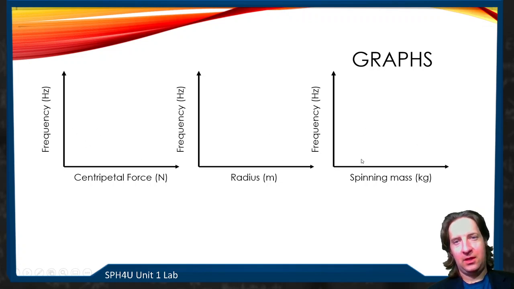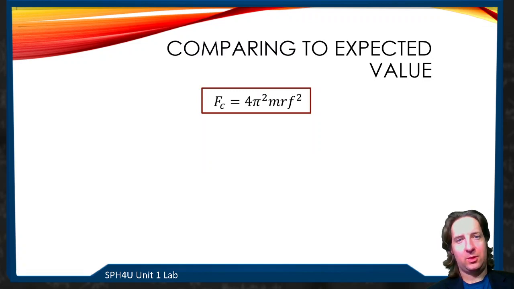Now, let's think about the equation. This is the equation in our notes. The centripetal force is equal to 4 pi squared, so this is just a number, a constant, multiplied by the mass times the radius times the frequency squared.